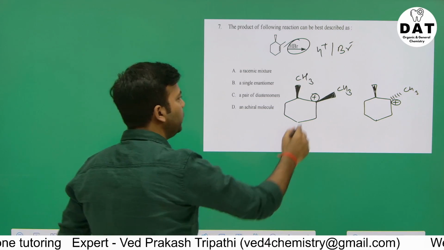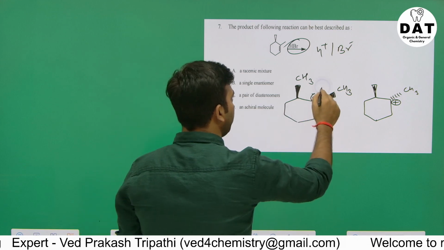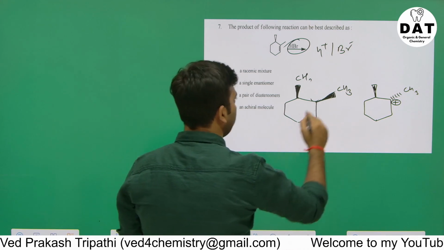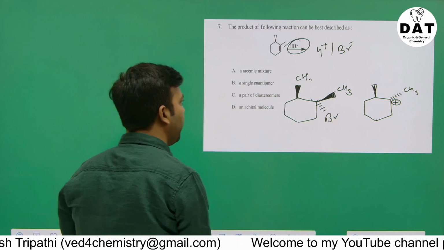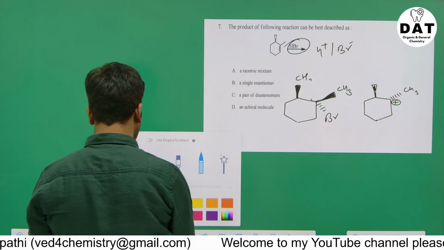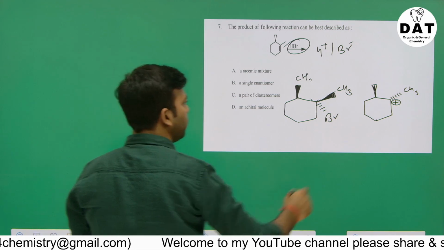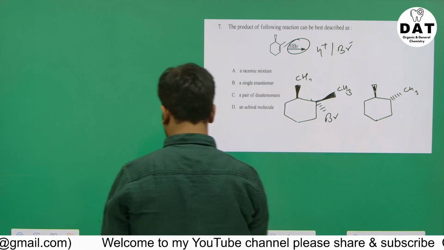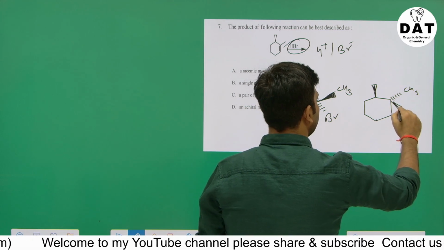So if suppose here you are going to add a nucleophile, so the product will be the dash Br. And in this case we have wedge Br.